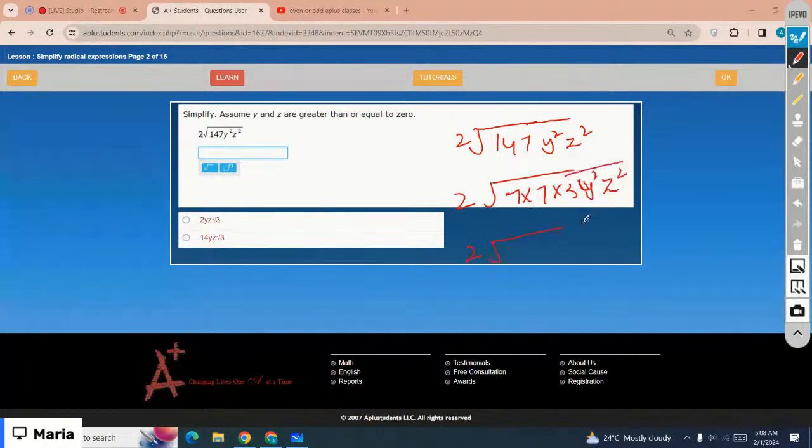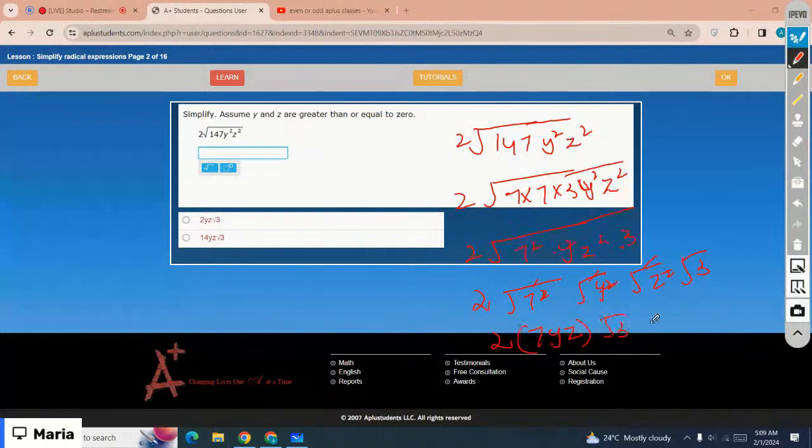So you can write 2 square root 7 square y square z square, and here you have 3, right? You can write 2 times 7 square root y square root z square root, and you can write 3. Square root and square cancel, you are left with 2 times 7 y z and square root 3.